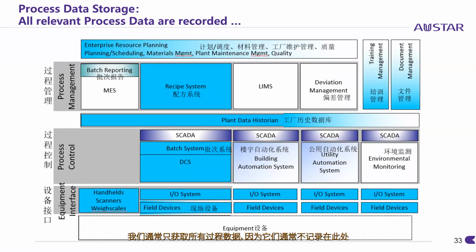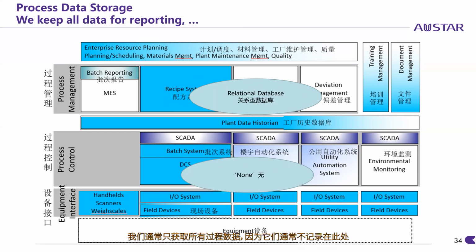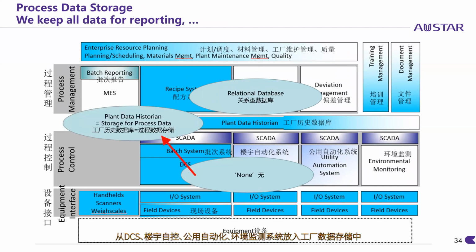So what we do is we take all process data, because they are not recorded typically here, and put them in the plant data storage from DCS and building automation, utility automation, and environmental monitoring.